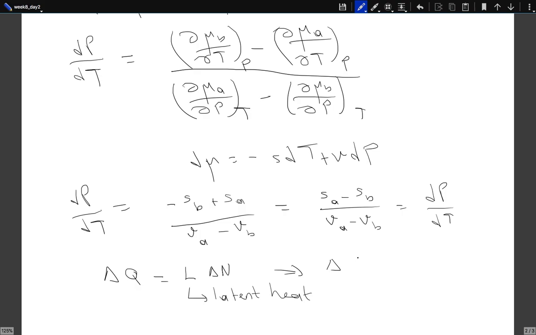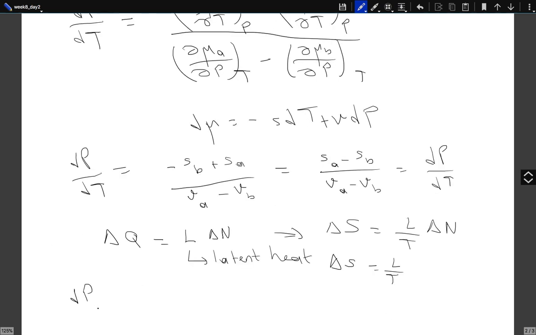But then that means the change in the entropy is just L over T. Or the change in the entropy per particle is just L over T. Well, this tells me that dP by dT is L over T times delta V in the phase transition.